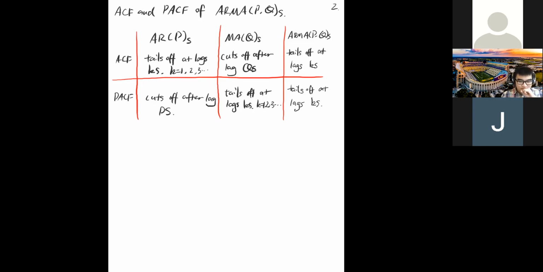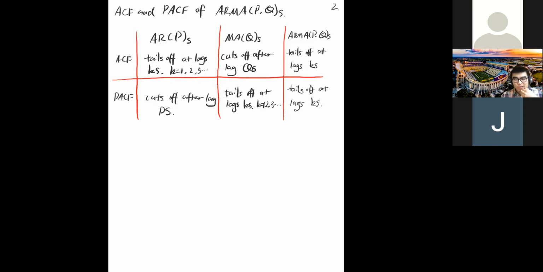If you compare this table with the table of a pure ARMA model, you can see that the main difference is the seasonality here. The seasonality actually makes things much more complicated. But this also gives you some hints.